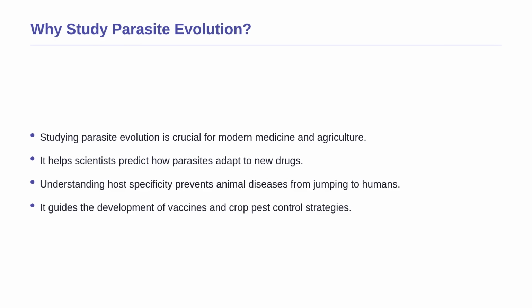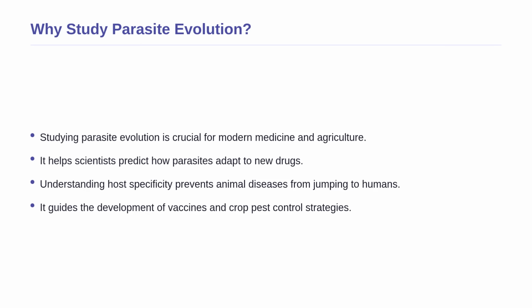This fascinating biological shift leads us to ask why we need to study it. Understanding how parasitism evolves is absolutely crucial for modern medicine, agriculture, and ecology. By studying this evolutionary process, scientists can predict how parasites might adapt to new drugs.